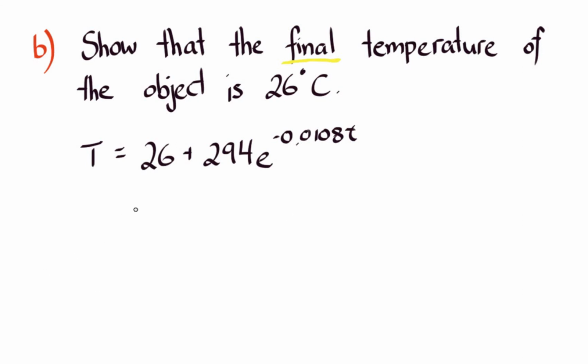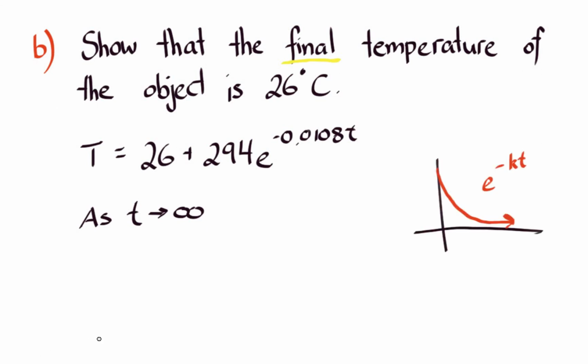Okay, so what's going to happen as time goes on and as it approaches infinity? So think about this exponential value. Remember, we've talked about how when we're dealing with exponential decay, our value approaches 0 as time goes on.